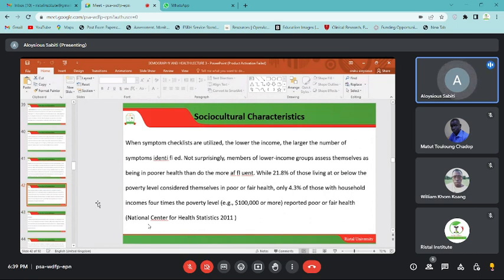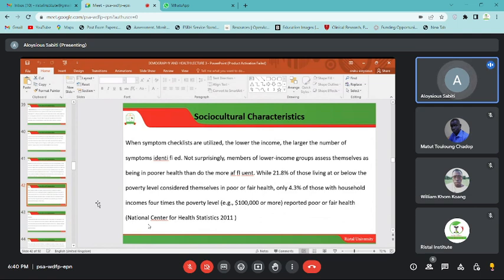Not surprisingly, members of lower income groups assess themselves as being in poorer health than do the more affluent ones. While 21.8% of those living at or below the poverty level considered themselves in poor or fair health, only 4.3% of those with household incomes 4 times the poverty level reported poor or fair health.